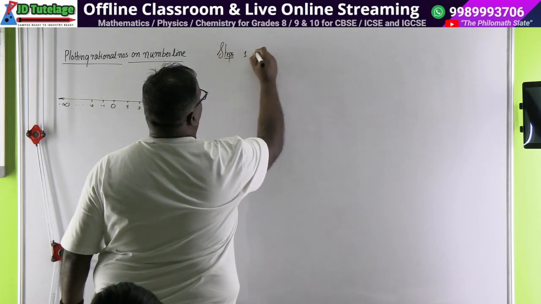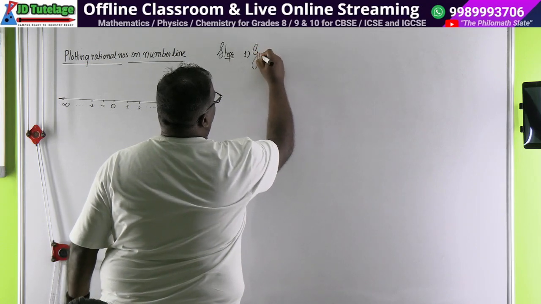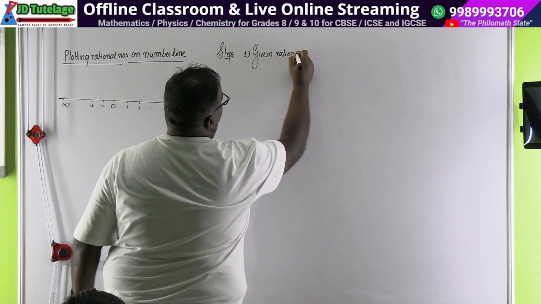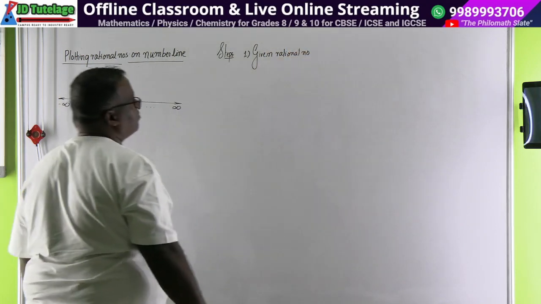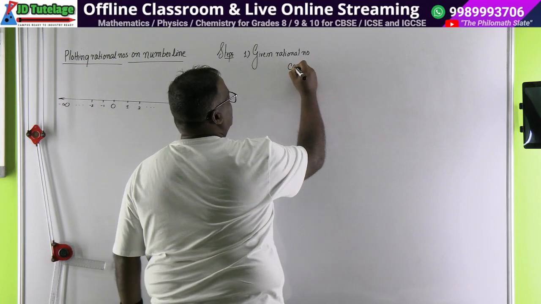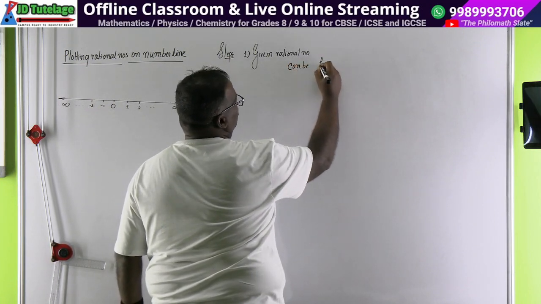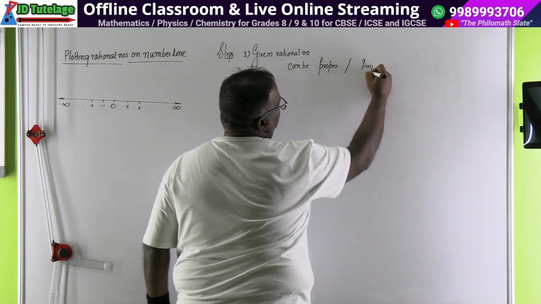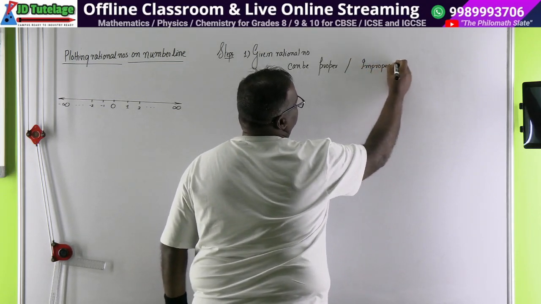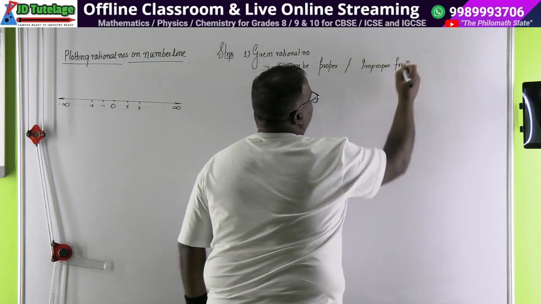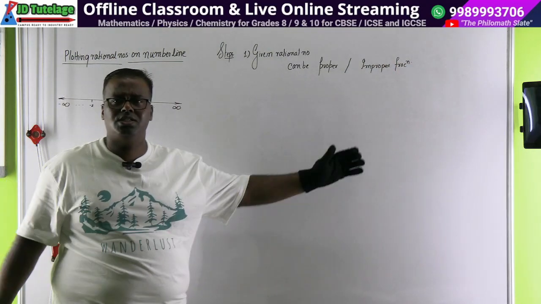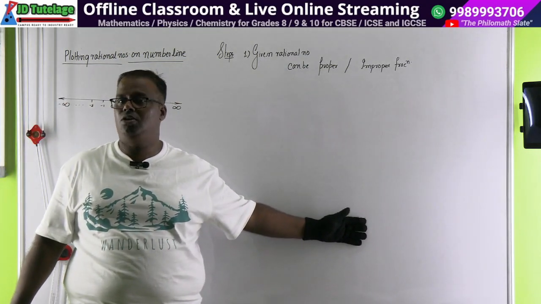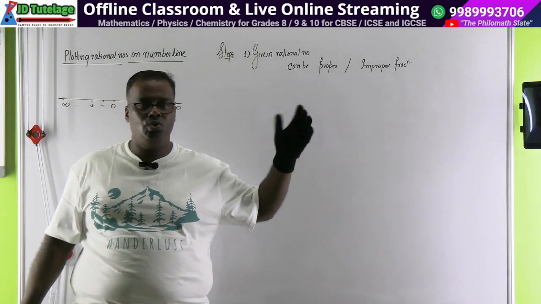Number 1. The first step is, the given rational number can be proper or improper fraction. जो भी rational number आपको plot करने देगा, that rational number can be either a proper fraction or it can be improper. इसके अलावा तो कुछ हो ही नहीं सकता है.